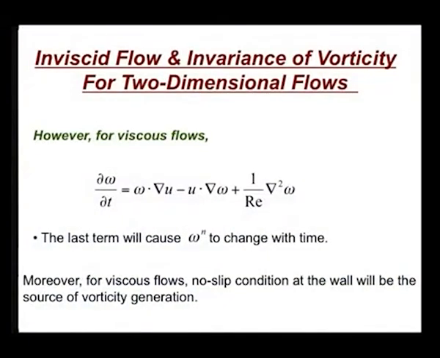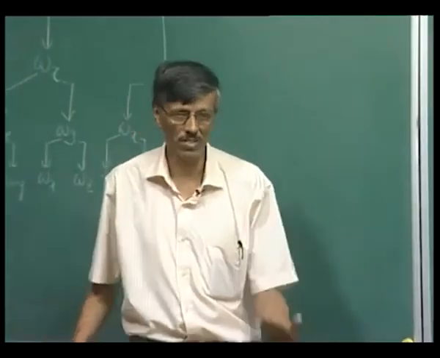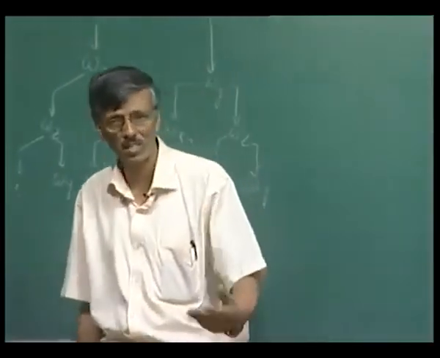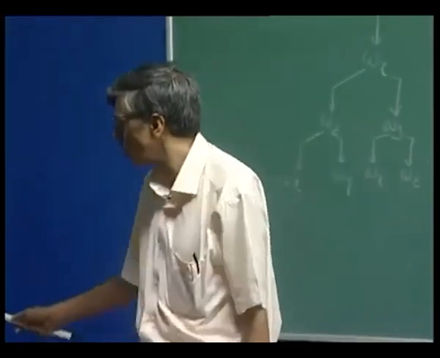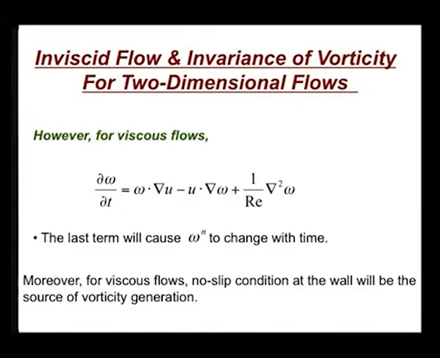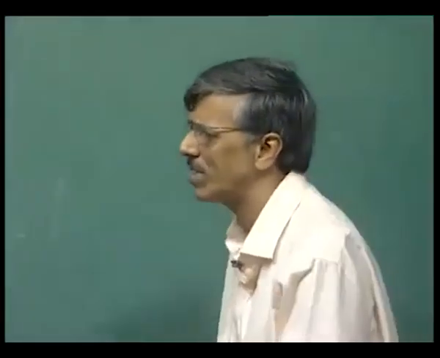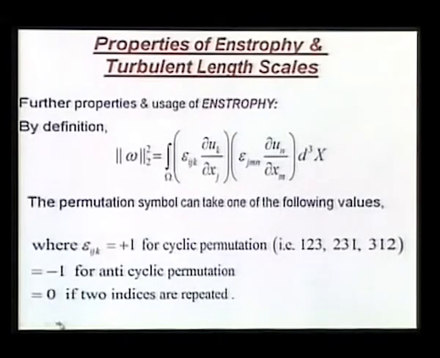However, when we talk about viscous flow, we need to also understand that the solid body itself is a source of vorticity generation, right, because of the no slip condition vorticity will have to be generated. So, that adds to the moment. Whatever we are discussing strictly for inviscid flow, for viscous flow they are all altogether different. So, we need to keep that in mind. Let us try to understand what we get by defining what we call the entropy here.